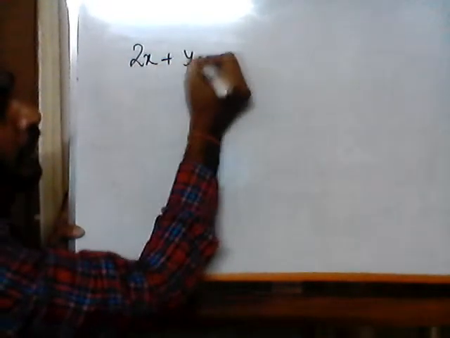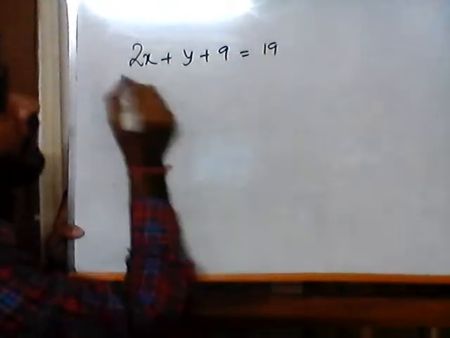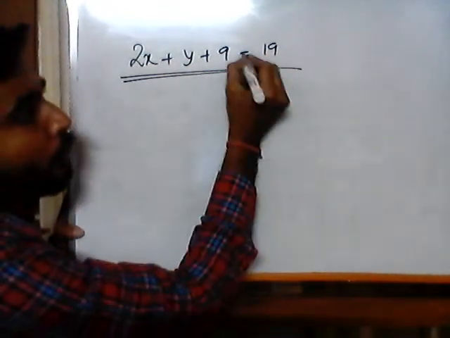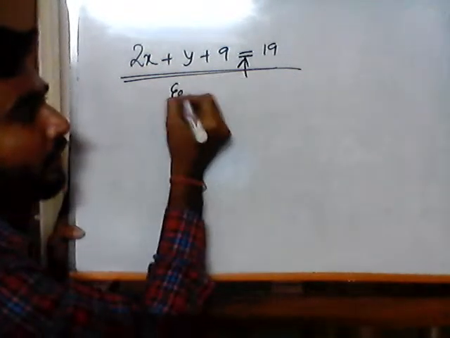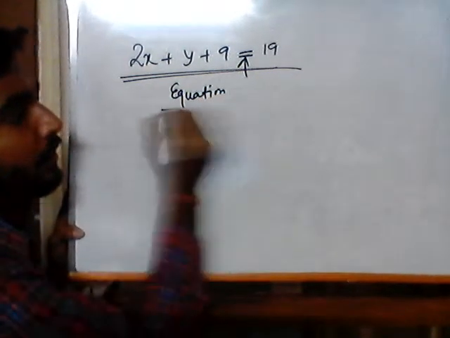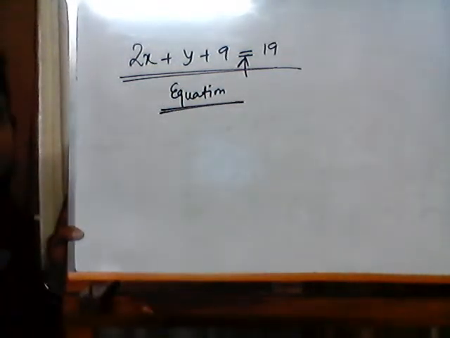Suppose there is twice x plus y plus 9 is equal to 19. To identify an equation, you can see here an equal to sign. That means it is an equation. Now it is very clear for all of you.